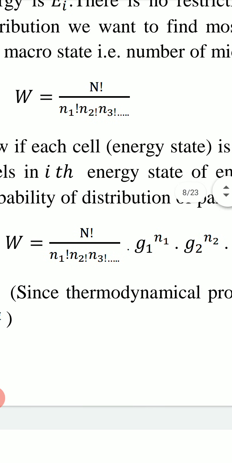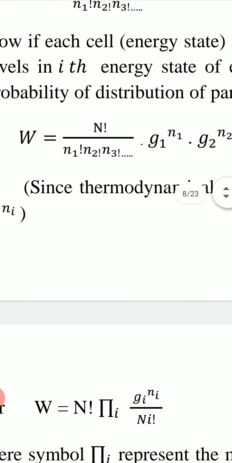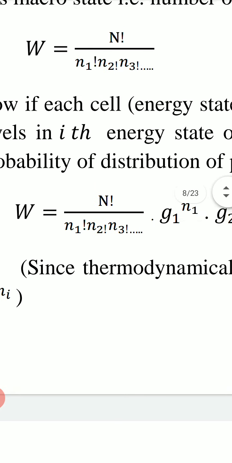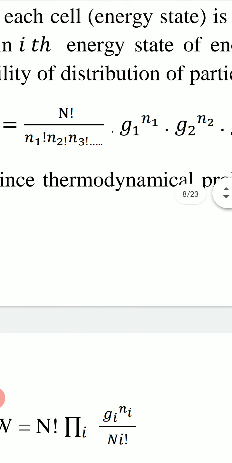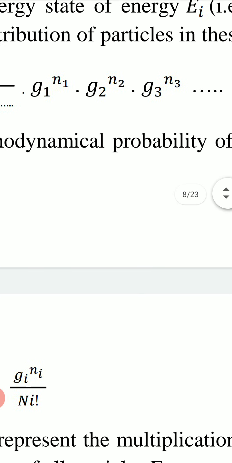Now in this case the thermodynamic probability will become W equal to factorial N upon factorial n1 into factorial n2 into factorial n3 and so on. This is like previous equation when there is no degeneracy, and if we now consider the degeneracy, then we have these terms also, G1 to the power n1 into G2 to the power n2 into G3 to the power n3 and so on.